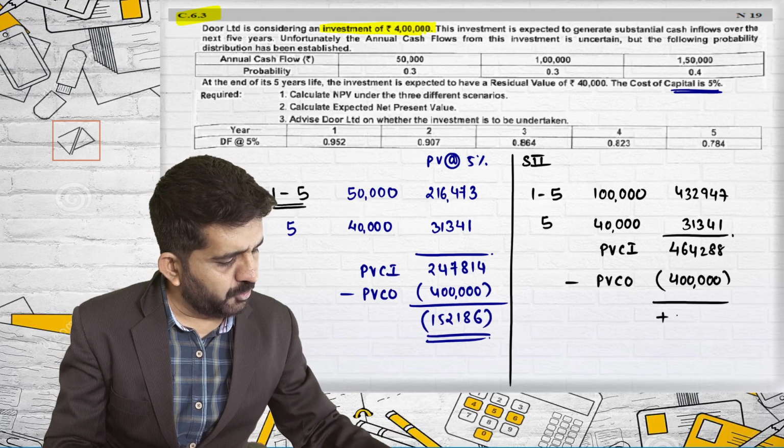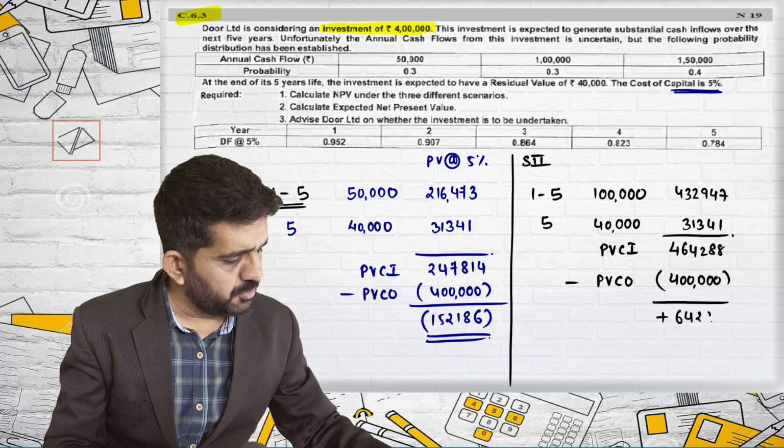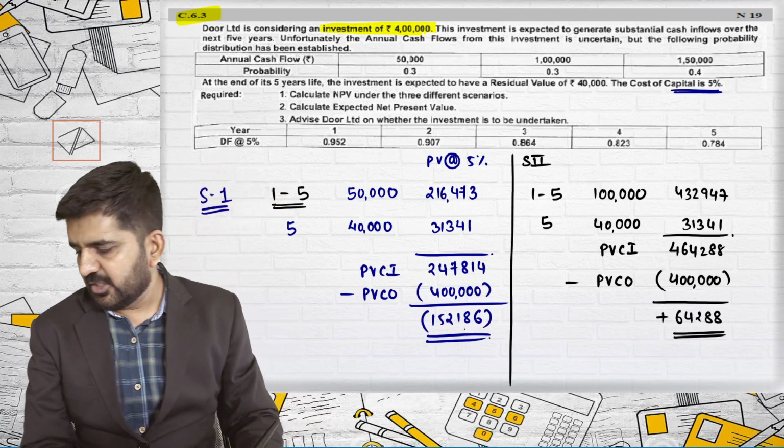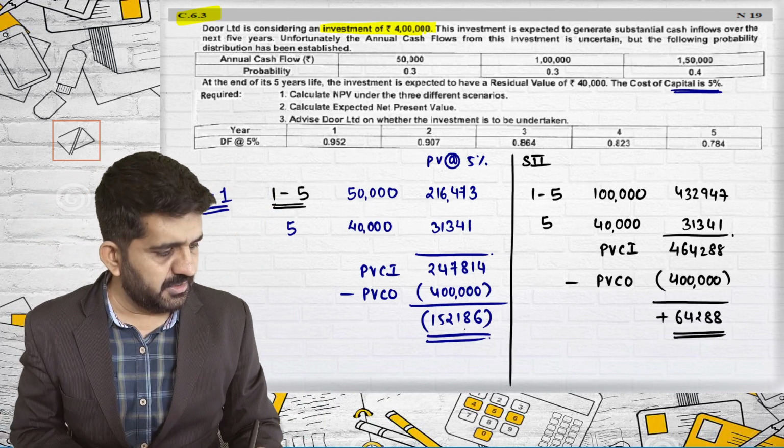I will be getting a positive NPV of 64,288 as far as the scenario 2 is concerned.